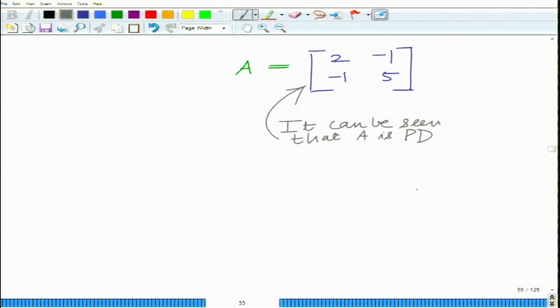And you can see this as follows. First see that this matrix is symmetric. We have A equals A transpose.